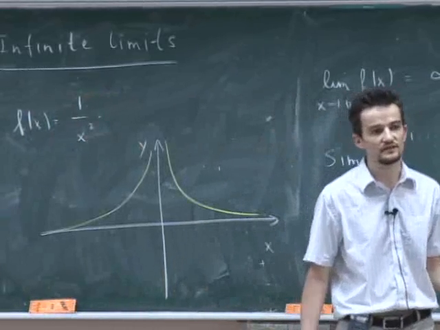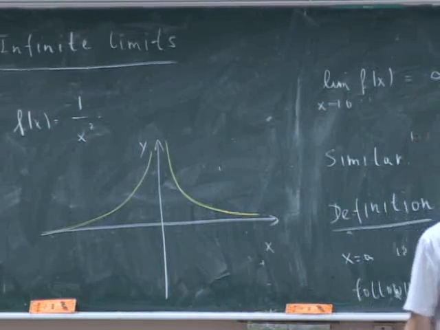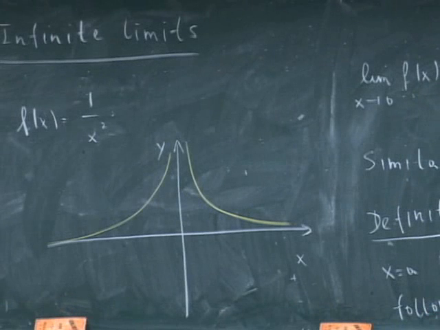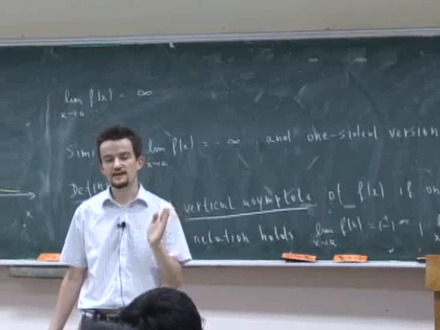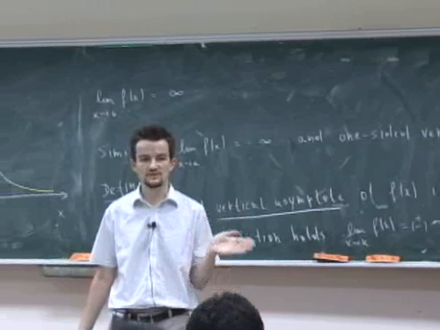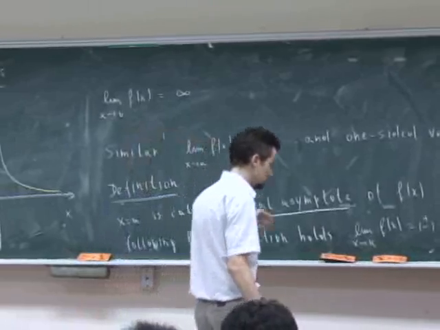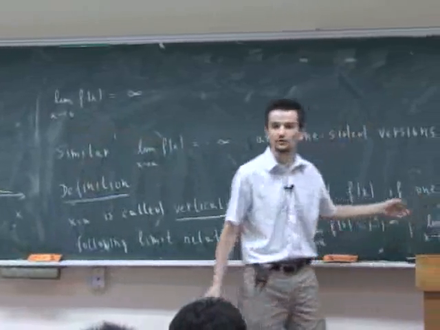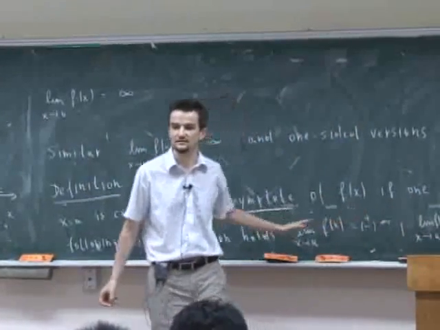And for instance, one of the functions we considered last time, the natural logarithm, has a vertical asymptote at x is equal to 0, because the limit of the natural logarithm as x approaches 0 from the right is equal to minus infinity. So you have one of those cases.